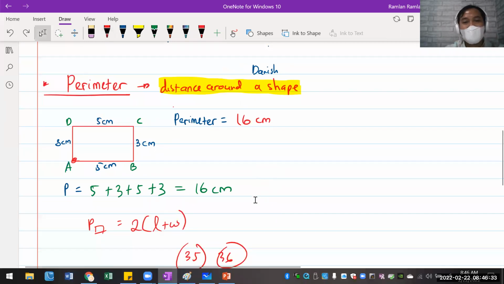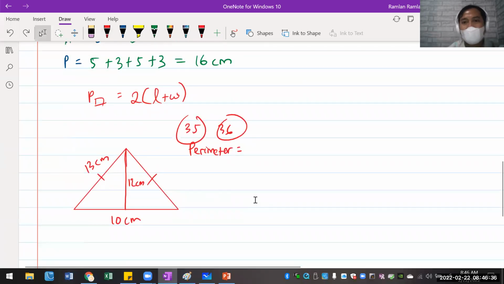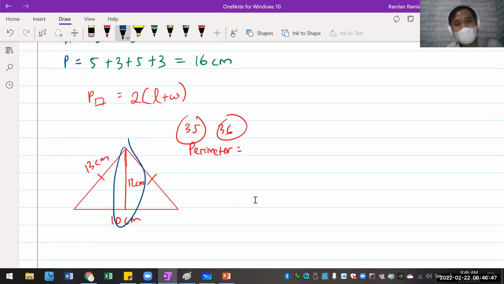So in here, guys, if there's any line inside the shape, you don't consider that as a perimeter, yeah. So for this case, that 12 centimeter is not included in the perimeter because it's inside, it's not around the shape. If we know that this is an isosceles triangle, then this is also going to be 13 centimeter, because I have made this sign over here, so that will be the same.